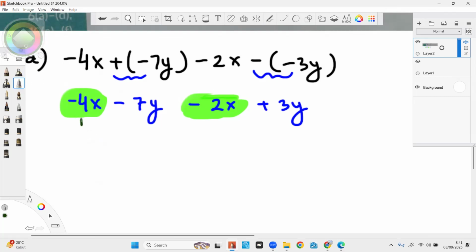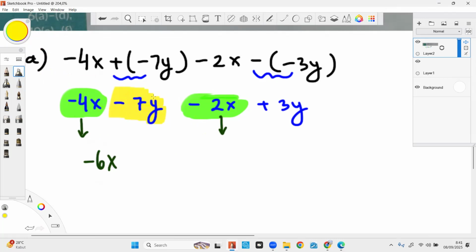What is negative 4x minus 2x, guys? Negative 4x minus 2x. Negative 6x. There you go. Now, the rest, y and y. Negative 7y. Don't just look at 7y, but look at the sign also, the left sign.